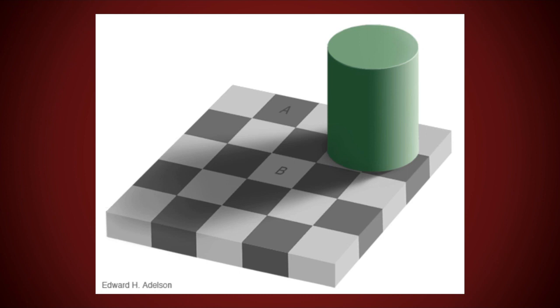This is a very convincing illusion, and in order to convince myself that those two tiles are the same shade, I went ahead and edited out everything other than those two tiles. And when you do that, you're removing the context and you're removing all the information processing that's happening in the brain, and you're just looking at the two tiles themselves. When you look at just those two tiles, you can see that they're actually the same shade.